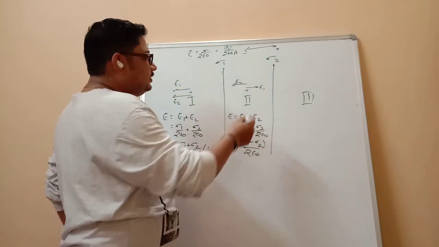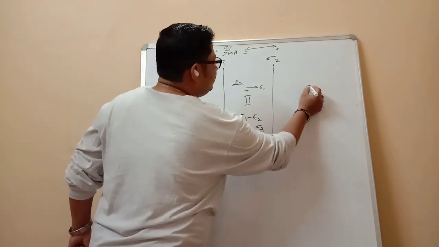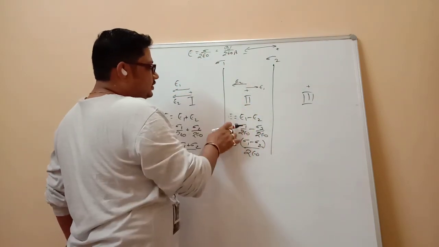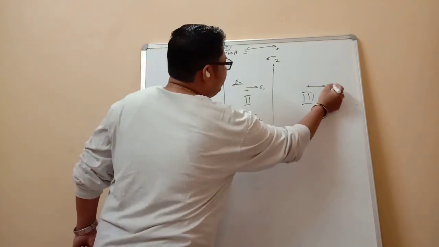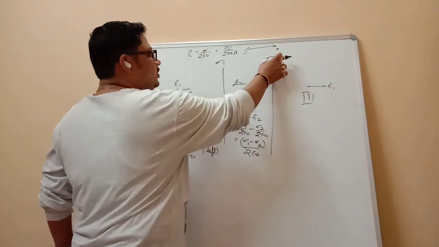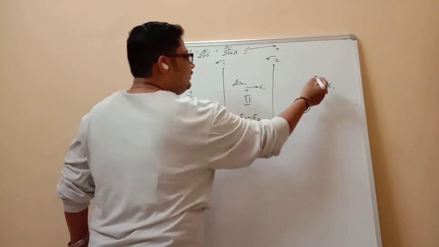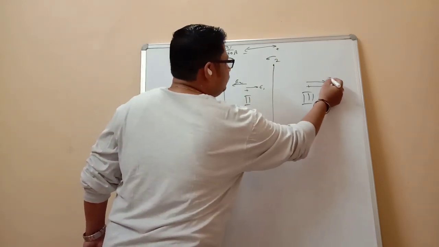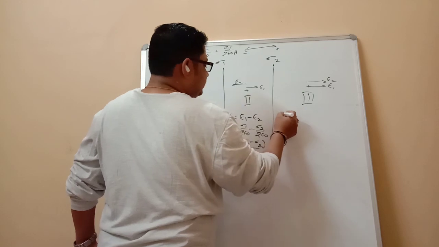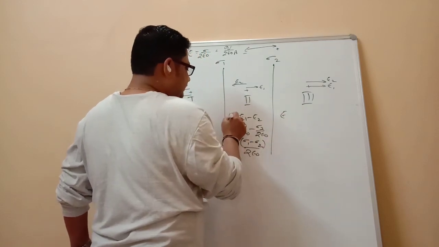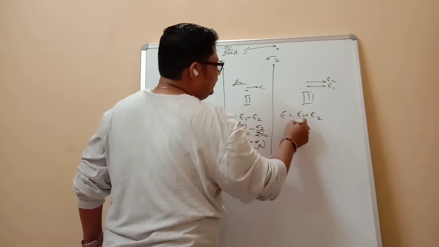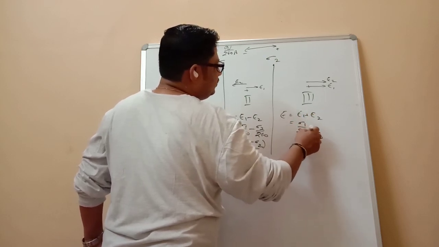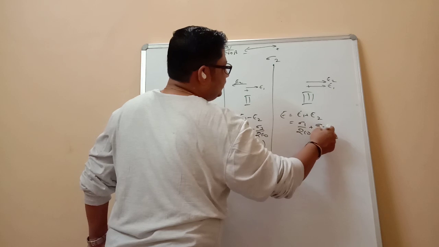If we talk about region 3, again if you put a positive charge here, the positive charge on sheet 1 will repel it, so the electric field will be in this direction. Sigma 2 will again repel the positive charge, so E2 will be in this direction. So the net electric field E is E1 plus E2, which is sigma 1 upon 2 epsilon naught plus sigma 2 upon 2 epsilon naught.